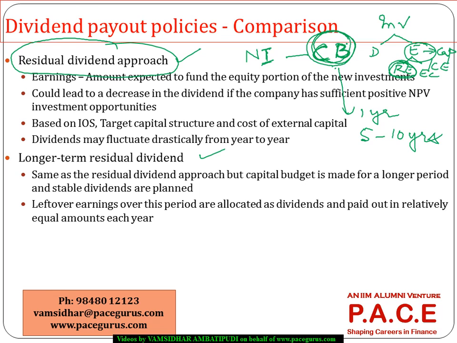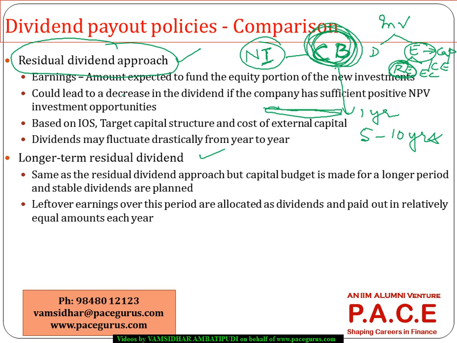So how much capital is required for the next 5 to 10 years? Based on that, you allocate that capital more or less equally over the next 5 to 10 years, and based on that create your residual dividend, which means you will not have situations of very high opportunities in 1 year and very low opportunities in the other year.